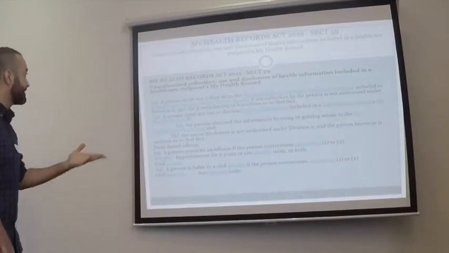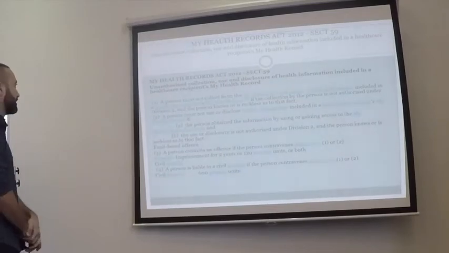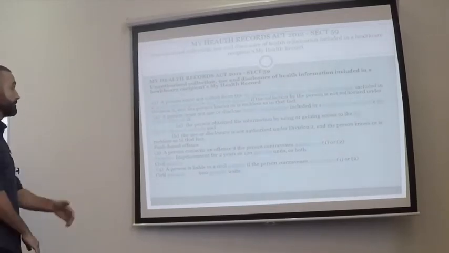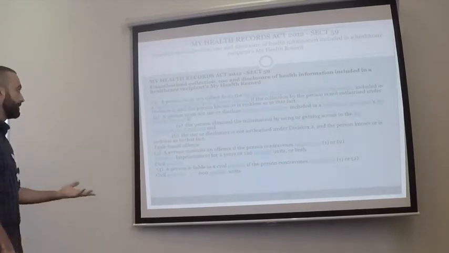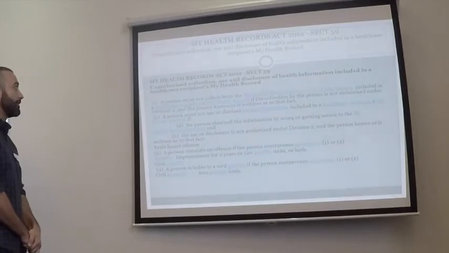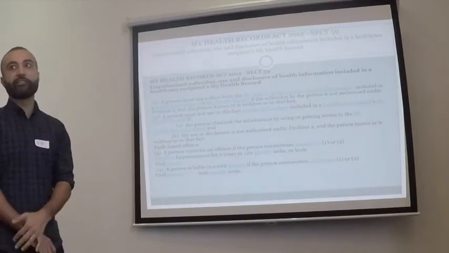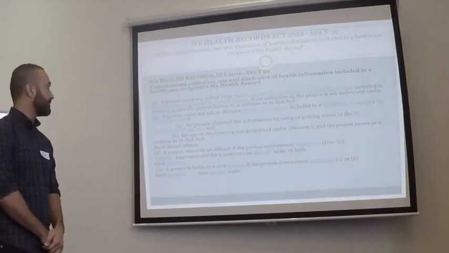The penalties are not very severe, but they're not light. So 600 penalty units is one of the penalties, and then imprisonment for 2 years or 120 penalty units. A penalty unit is $110. So it's a bit of money, and as you can see, 2 years of imprisonment.